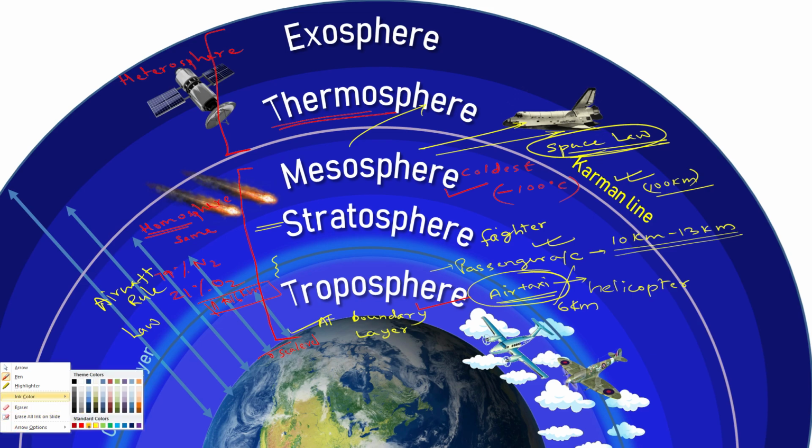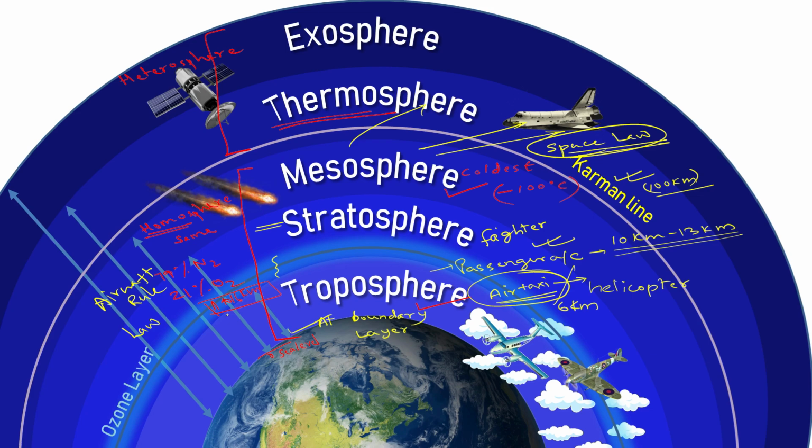Another type of question that will come: the tropopause, what is its height? You should know we approximately estimate it at 11 to 16 kilometers. The stratosphere ranges from 16 to 50 kilometers on average.